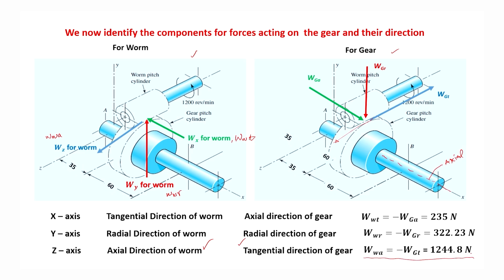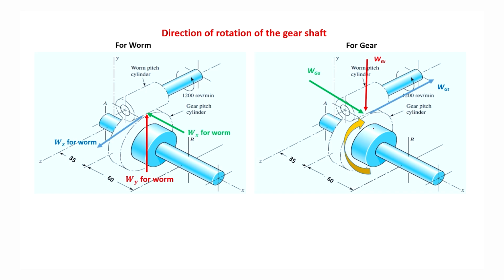So, we have determined the direction of tangential force on the gear. Knowing the direction of tangential force on the gear, we can find the direction of rotation of the gear. We know that this gear is a driven member and worm was the driving member.